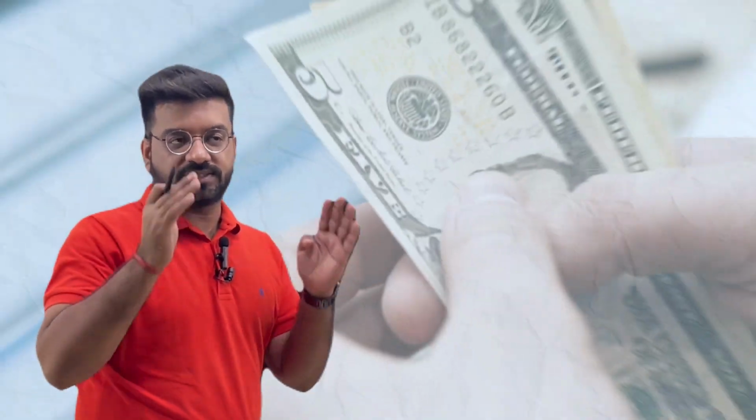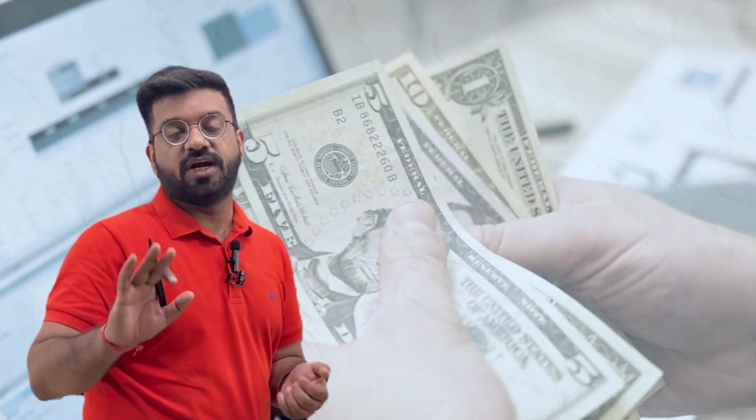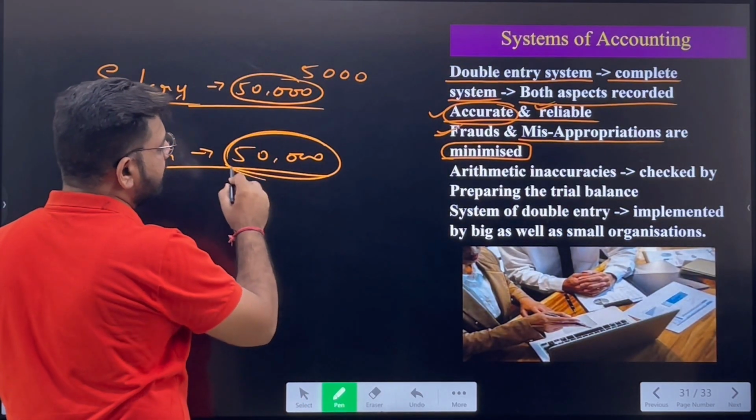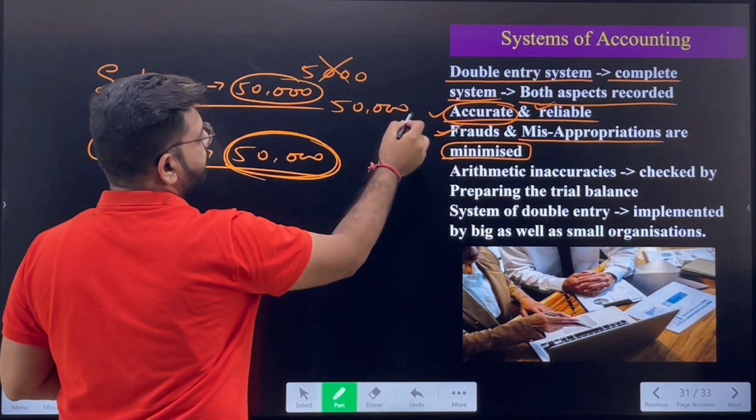The salary I will be paying to this employee shall not be 5,000. It will always be 50,000 only. So with that I can make this correction by doing the reverse entry.